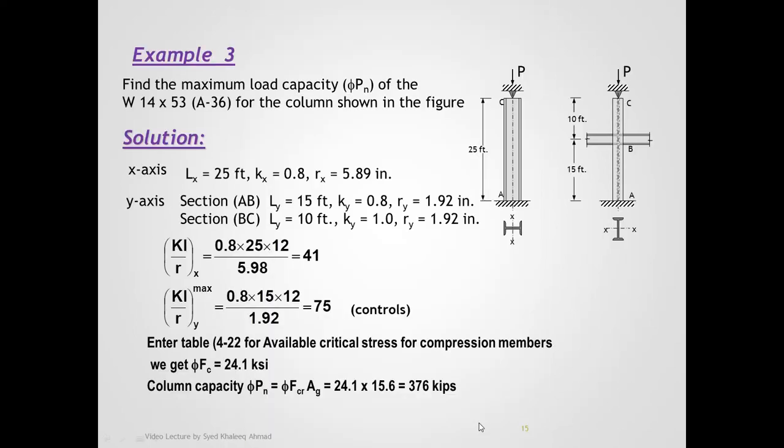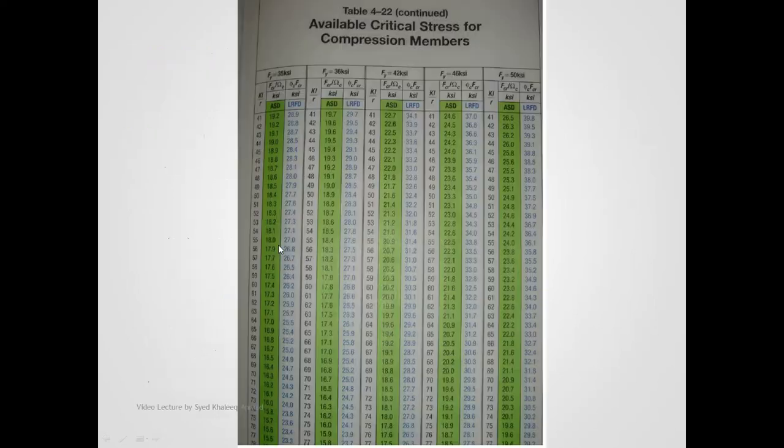We find the value for 75, and the steel grade is given as 36, so we come here to 36. For 36 and 75 the value is 24.1. We will take this value for phi Fcr.